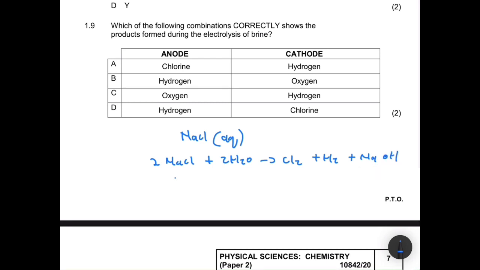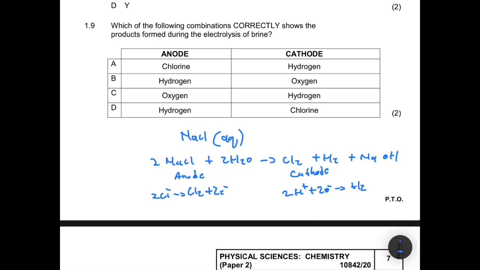What is going to happen is that at the anode, we are going to have 2Cl minus giving us Cl2 plus 2 electrons. And on the cathode, we're going to have 2H plus 2 electrons giving us H2.